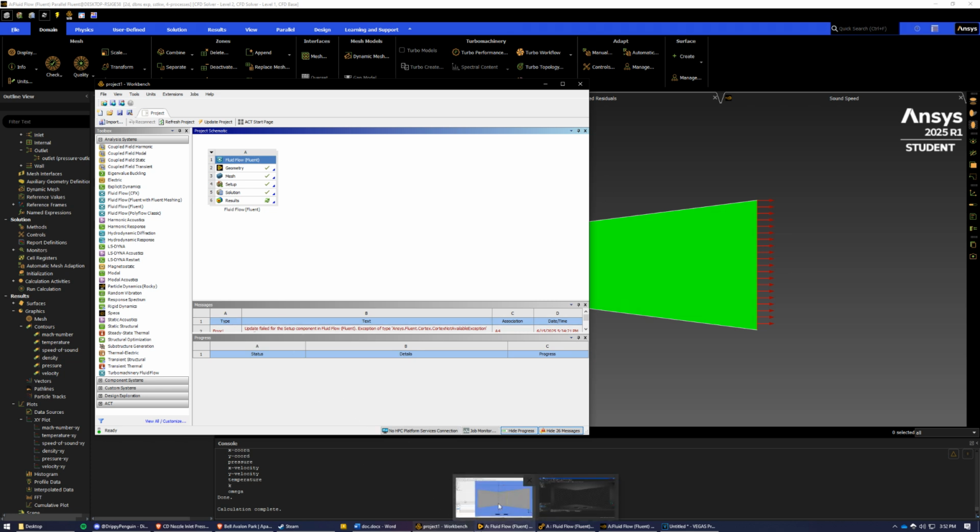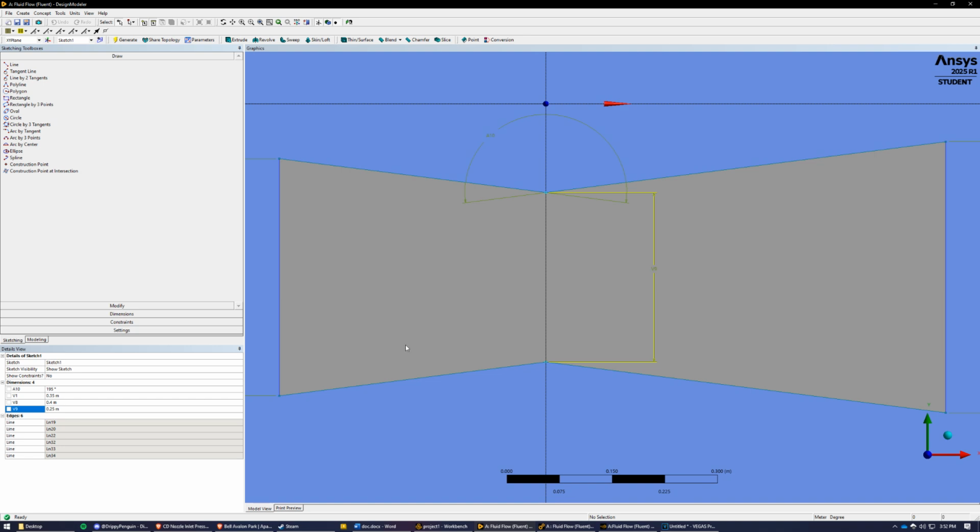Let's go over to the modeling system, and in Design Modeler I made a very simple converging and diverging nozzle. The measurements of note to keep in mind are that the incoming side has a characteristic length of 0.35 meters.